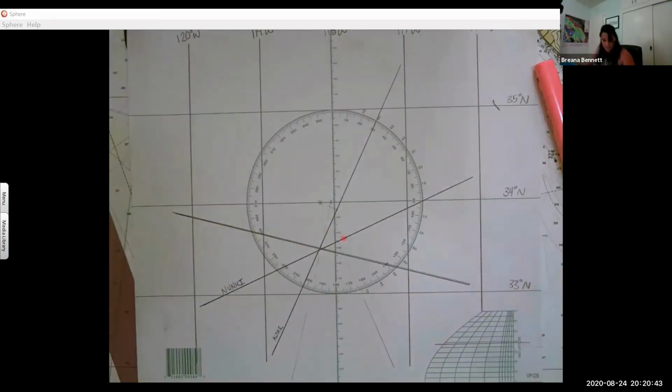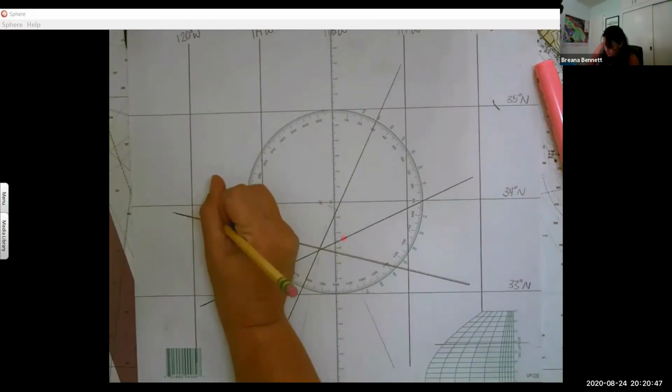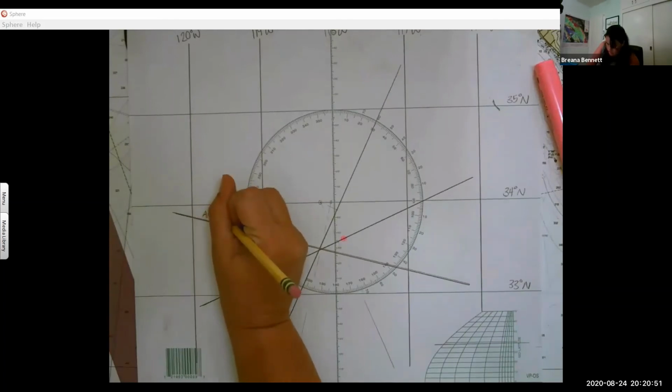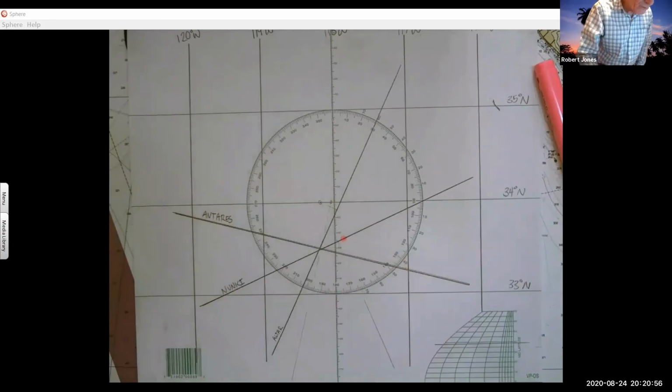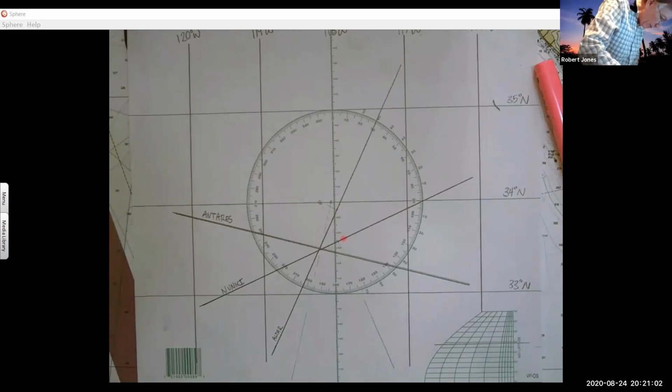Made it a thick line. That's all right. This is Antares. Sorry, what was the intercept again? The intercept was 31.5. Okay.